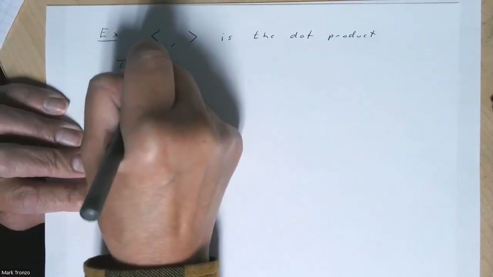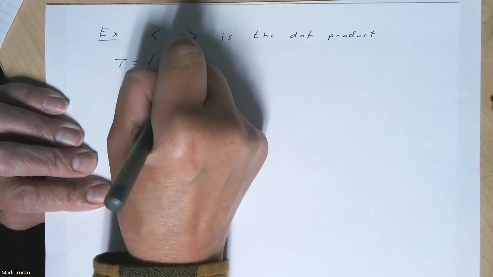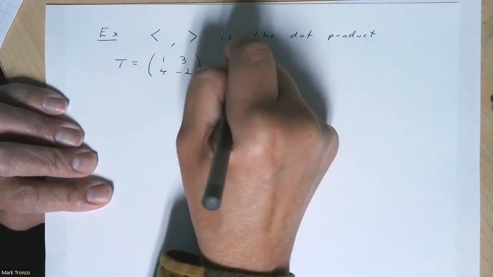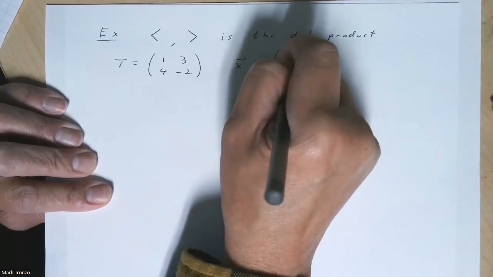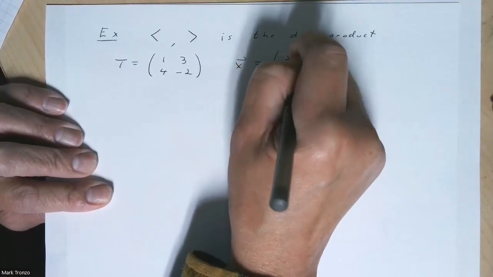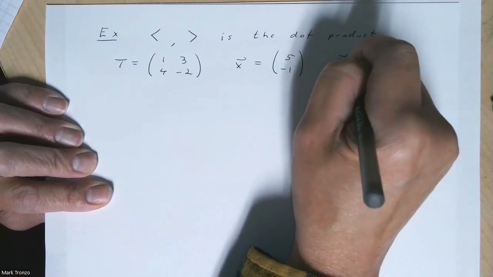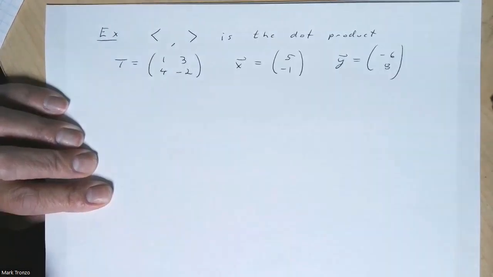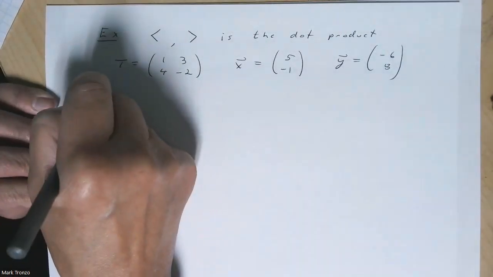And let's define our operator again. I'm just going to keep it something simple. Let's say we have these two vectors. Like this.